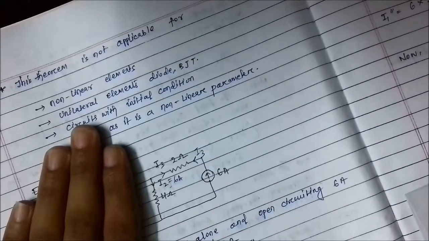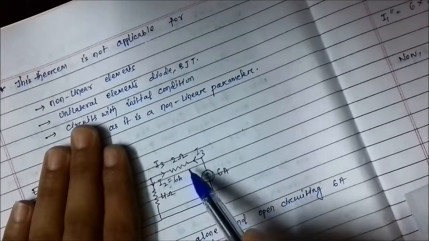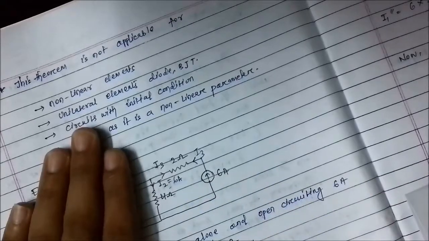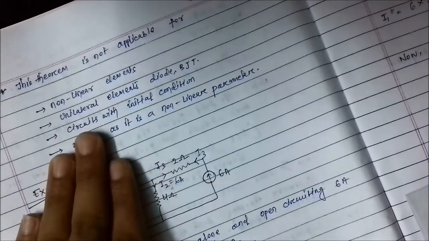So that's how it is used to solve various circuits. You can use this theorem to find the currents through any of the elements in a circuit, but it's a bit lengthy, so it will take some time. So I would advise you to go for Thevenin's or Norton's theorem.